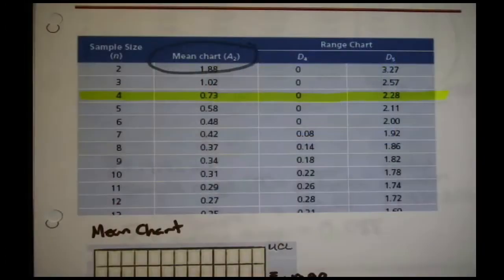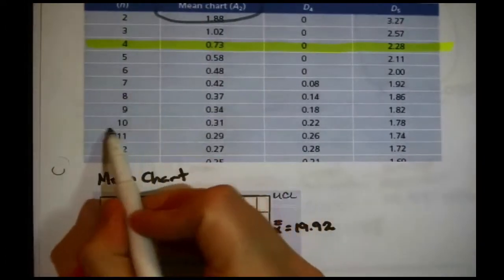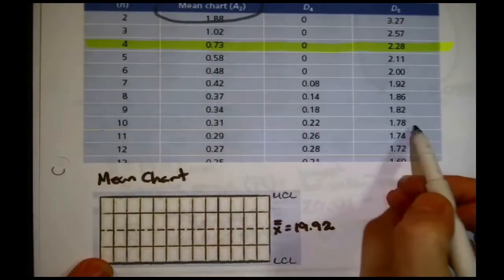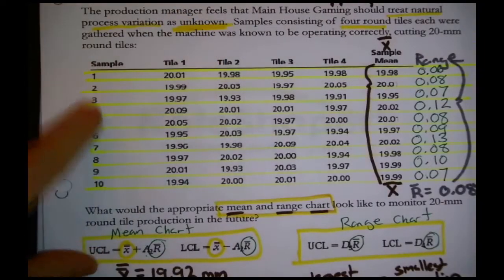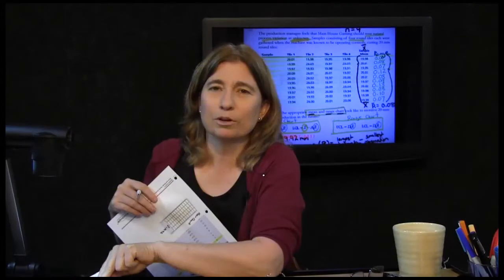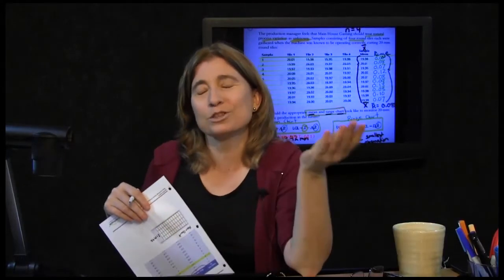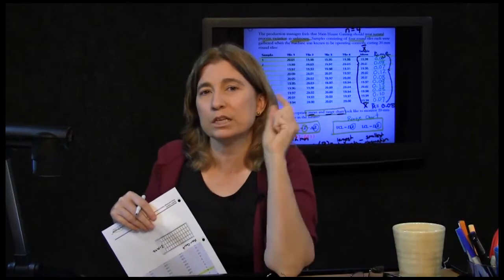Now all we have to do is fill out the formulas and actually draw the charts. Very common mistake: some people would accidentally look up numbers here. Why the 10? Don't be distracted just because there were 10 samples in the table. You don't actually do anything with that information, like the number of samples. Did you have 10 or did you have 30? It's the sample size. The size is 4.